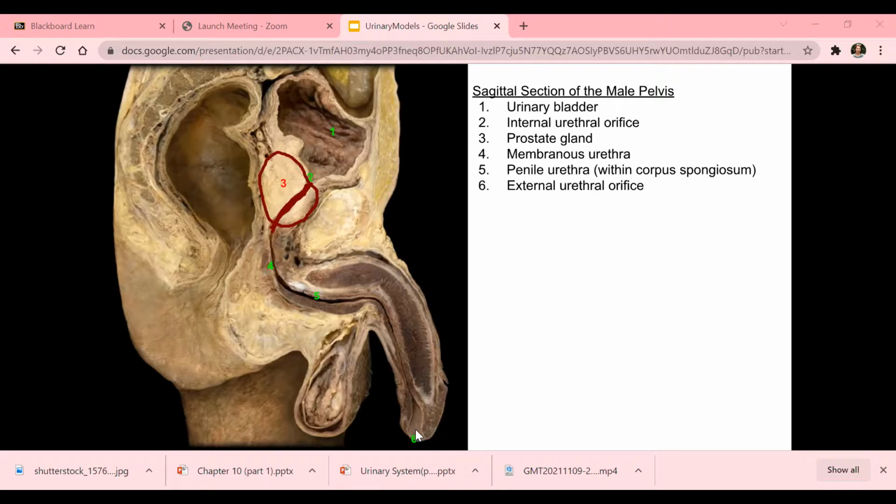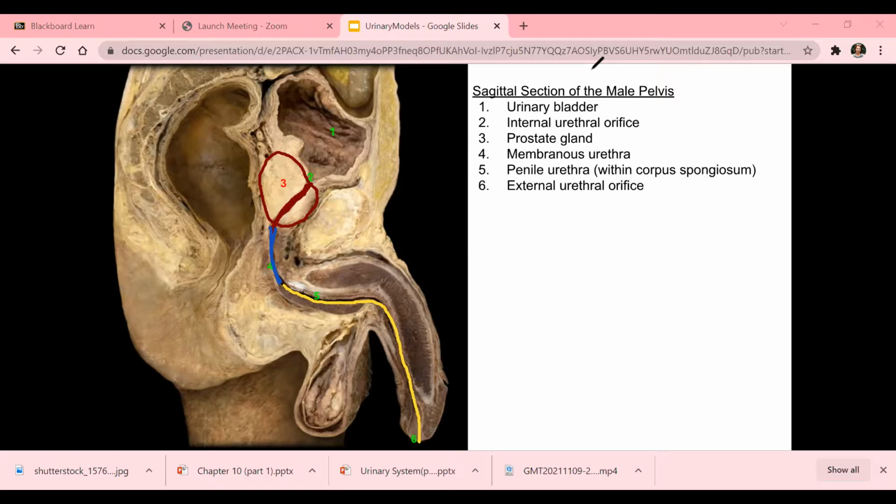After that, we have a part which we call membranous urethra. The membranous urethra is the region of urethra which passes the wall of the body, past the urogenital diaphragm. And after that, we have the last part of urethra, which is the longest, and we call it penile urethra or spongy urethra.